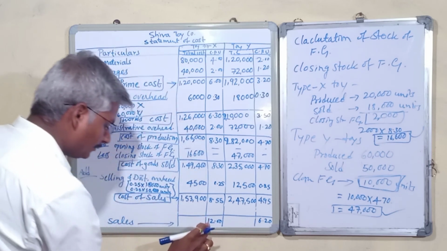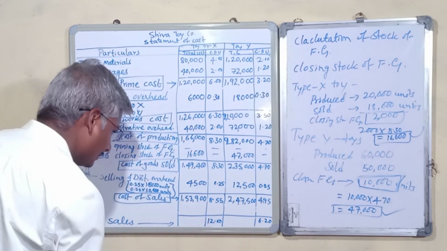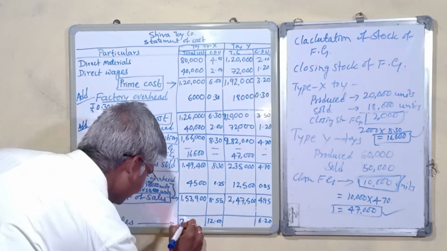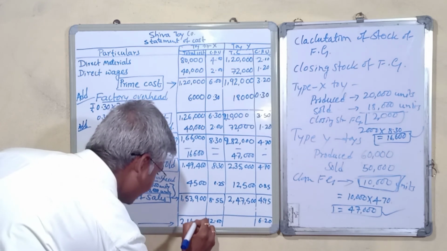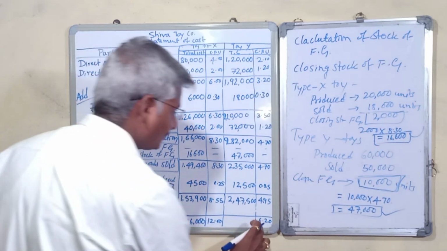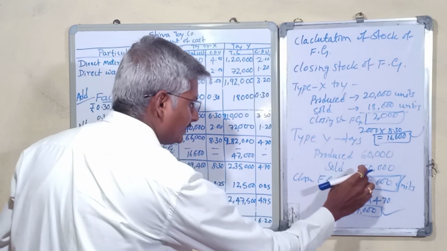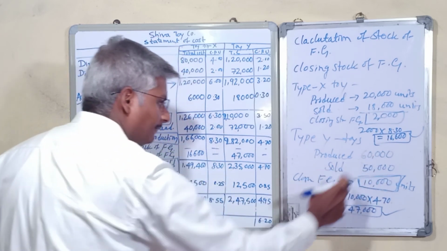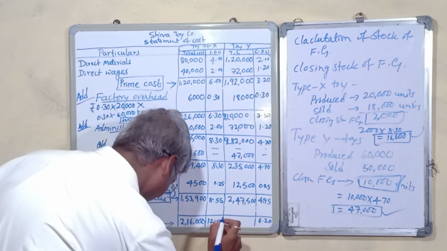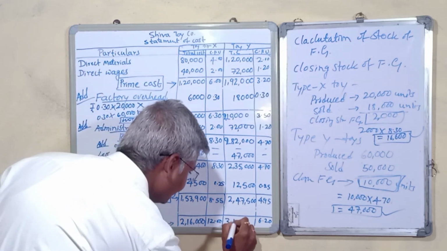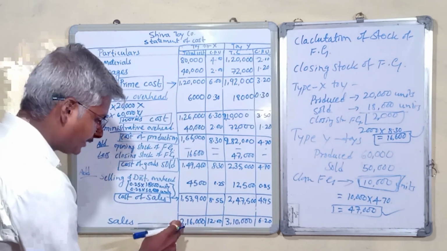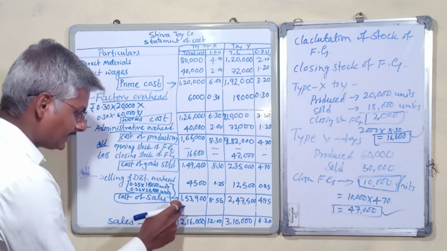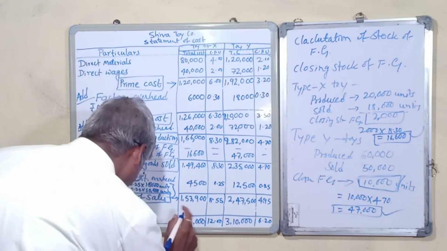So 12 rupees into 18,000 units is 2,16,000, and 6 rupees 20 paisa into 50,000 units, because we have sold only 50,000 units out of 60,000 produced, that is 3 lakh 10,000.